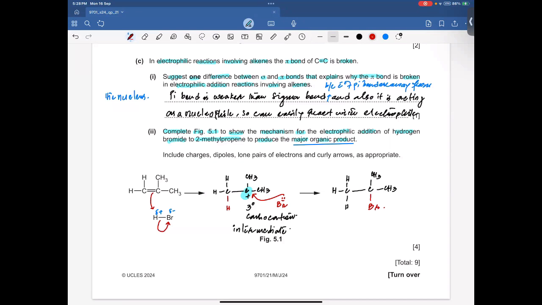This is going to be the major product because tertiary carbocation is more stable than secondary and primary. Okay, that's the end of this question.